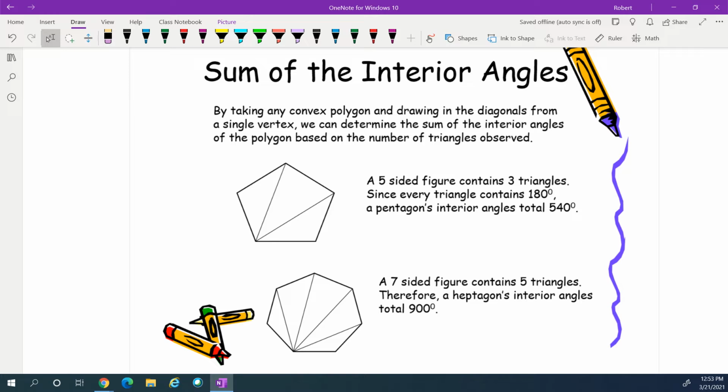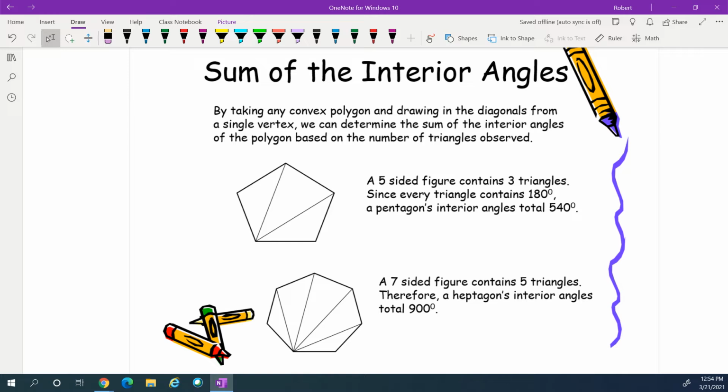So let's get into some of the work that we perform with polygons, and then we're also going to talk about regular polygons. The first thing we do, this is true for all convex polygons. We don't really work much at this level with concave polygons, but we need to identify them.